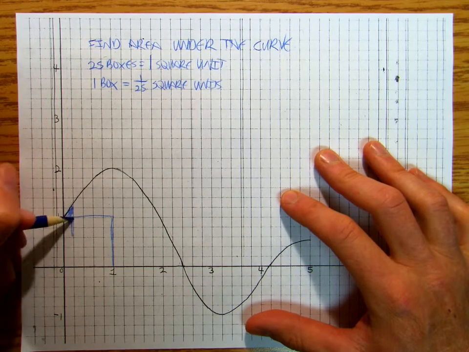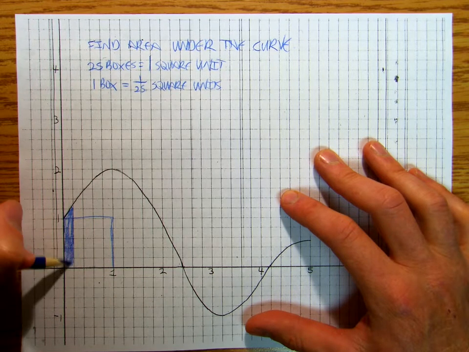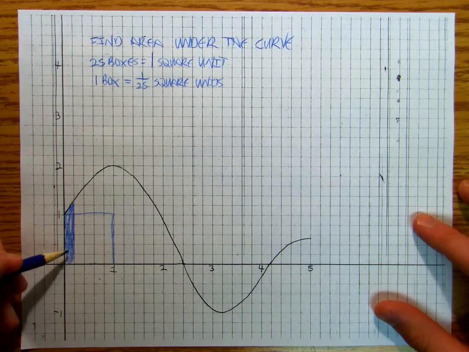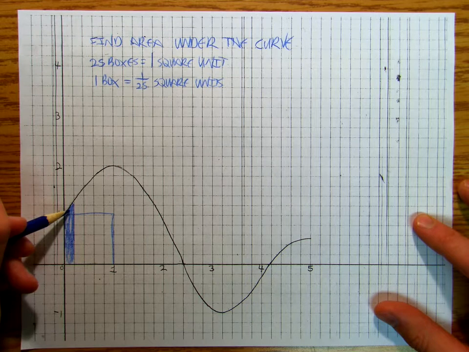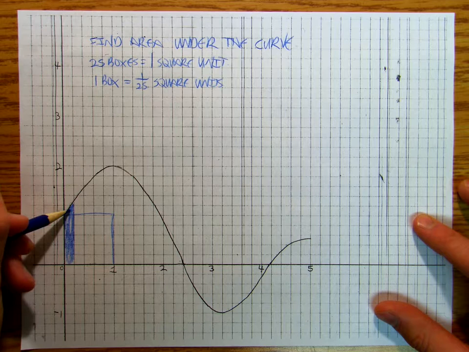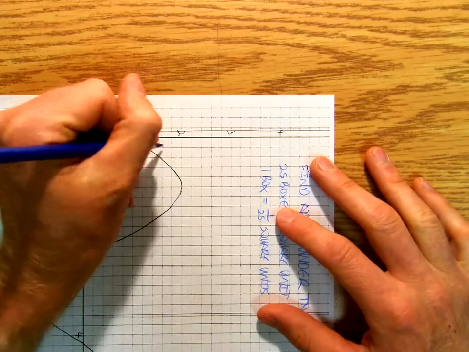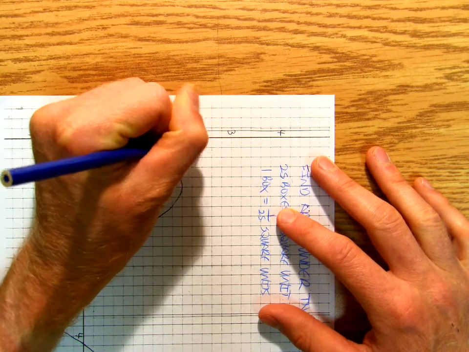So I can say that this area here is 1, 2, 3, 4, 5, 6. But it's not 6, it's 5 and a bit. So I've decided to call it 5.75 boxes.